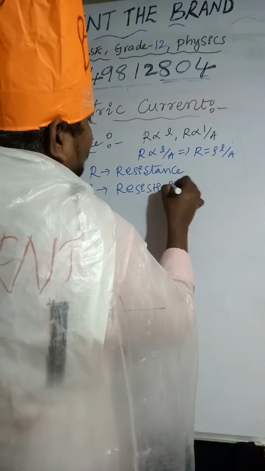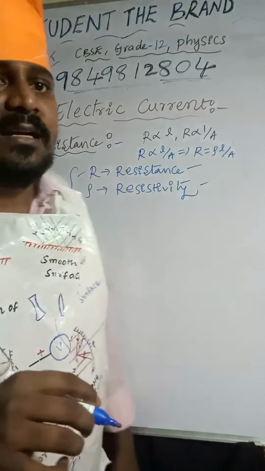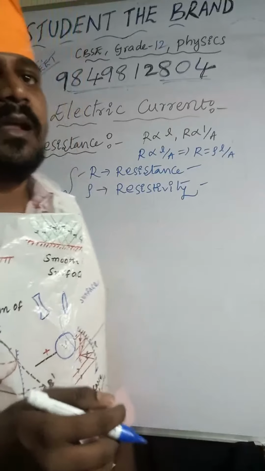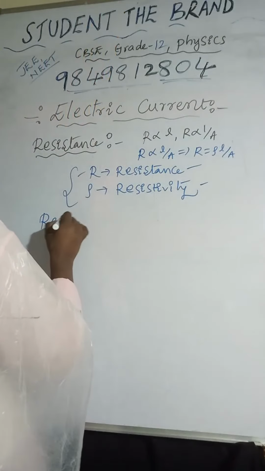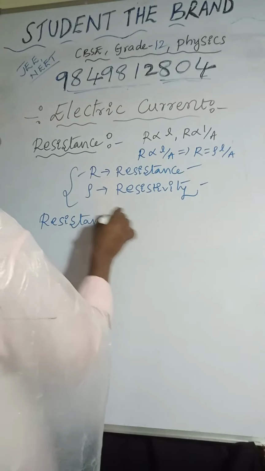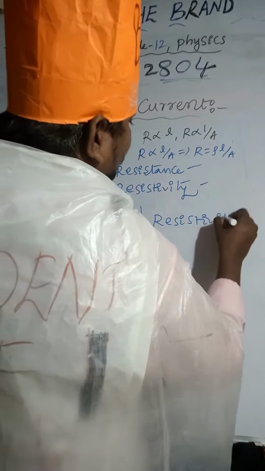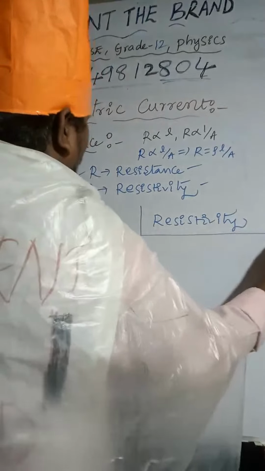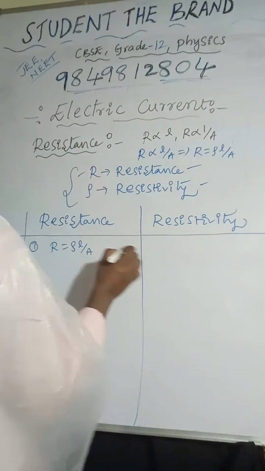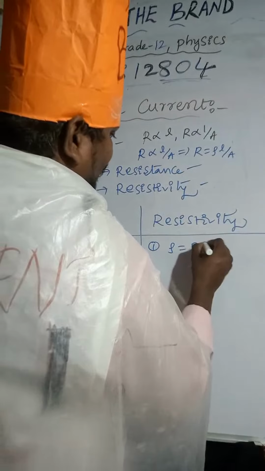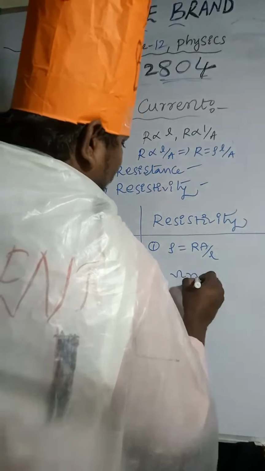So resistance and resistivity, the differences we'll discuss. Resistance is the phenomenon of opposing the electric current. First one, R equal to rho into L by A, so rho equal to RA by L. The second one, SI unit of resistance is ohm, and SI unit of resistivity is ohm meter.